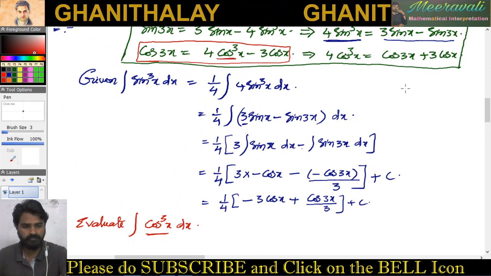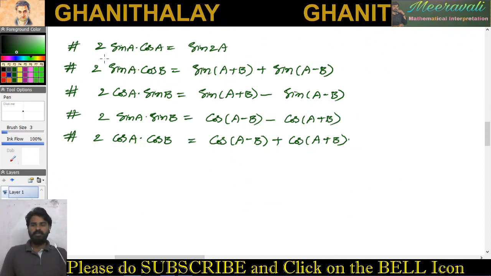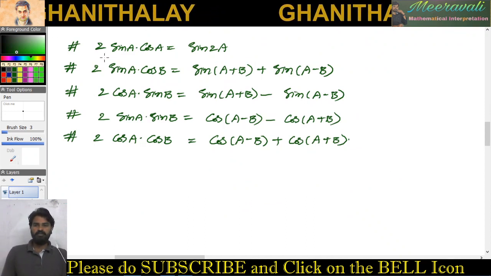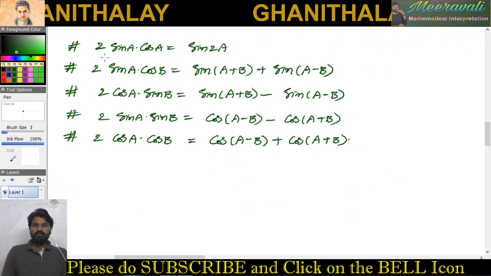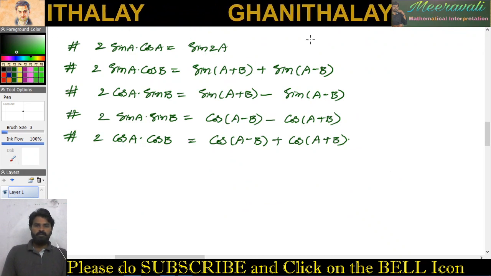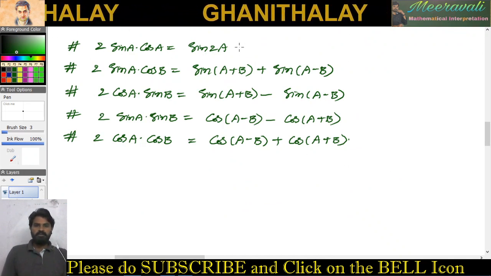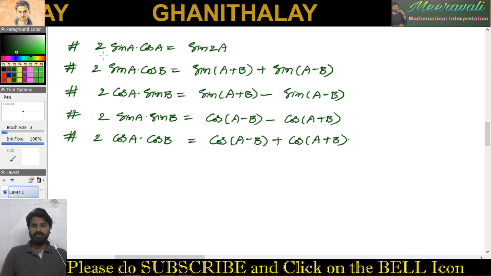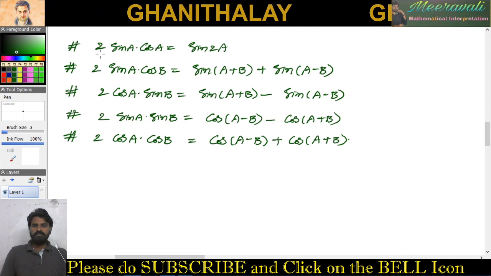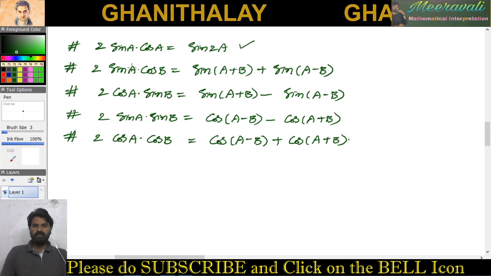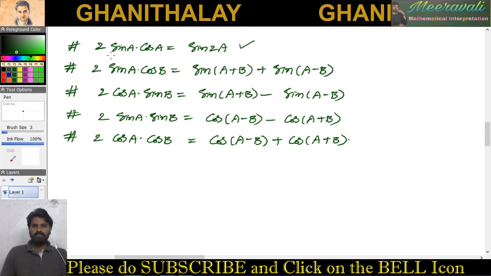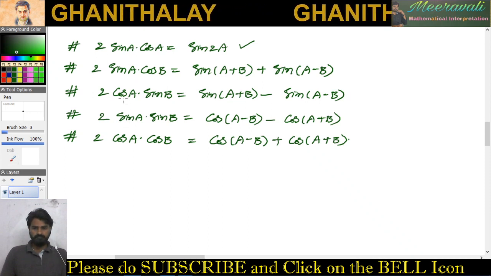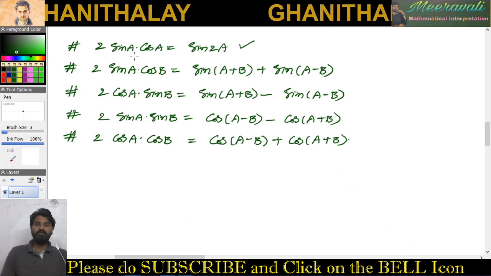Okay students, remember we have the trigonometric formulas here. They can be obtained in the trigonometric transformations topic, in the first year concept. So look at these formulas. 2 sin a cos a: on the left hand side is the product of trigonometric functions.